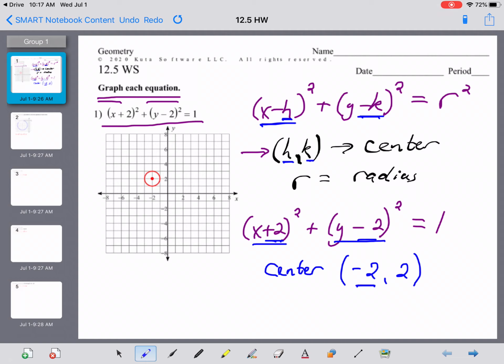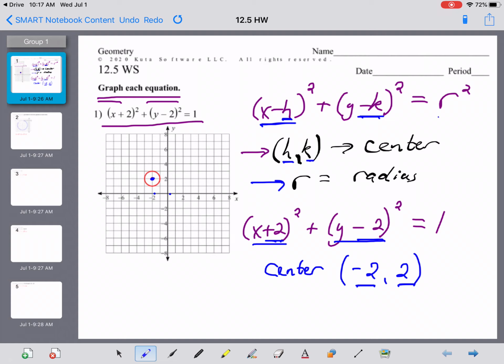And here, when you see a negative 2, that means that your k value is actually going to be positive. So the center of our circle is located at (negative 2, positive 2), which means that from the origin, we would go 2 units left and then 2 units up, and that's how we would have located the center of our circle.